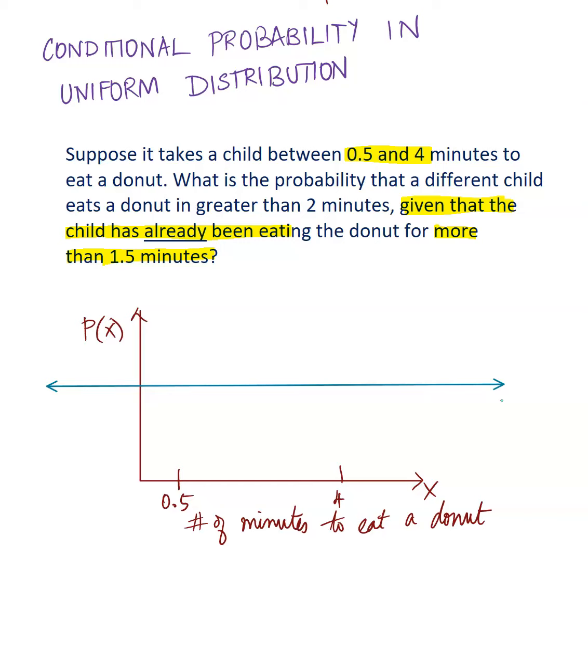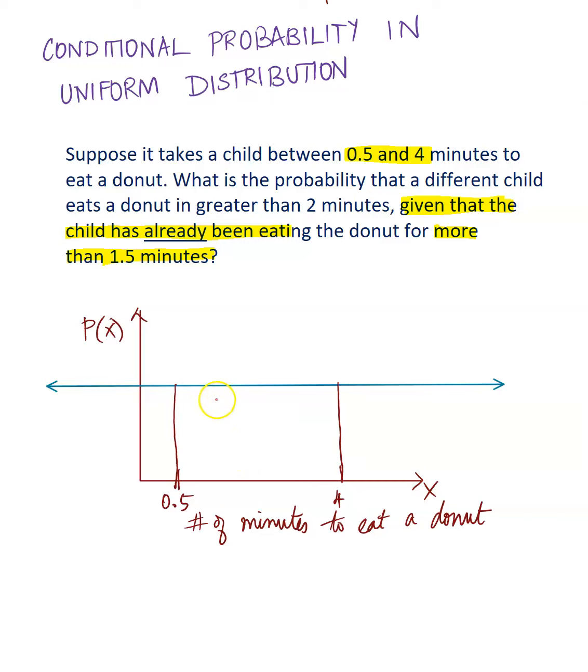Now when we try to calculate the function, the line, let me just draw this. Even though it's starting from 0.5 to 4, because of the condition, you want to see that the condition has to be marked first. So what is the probability that a different child eats a donut in greater than 2 minutes, given that it started eating more than 1.5 minutes?